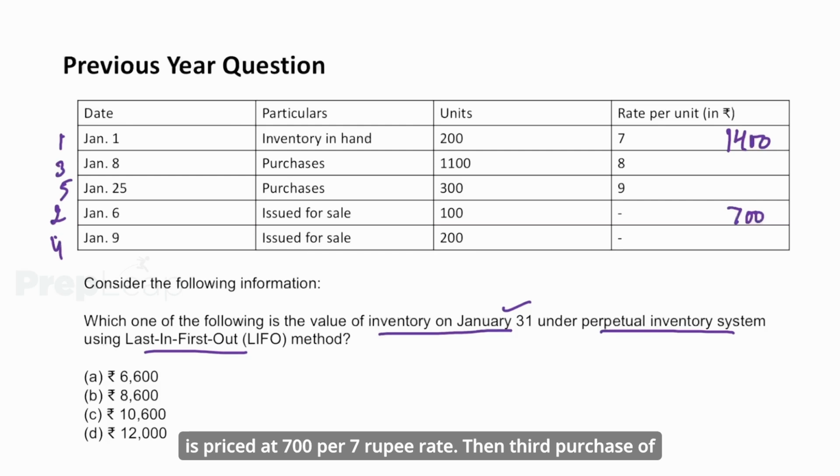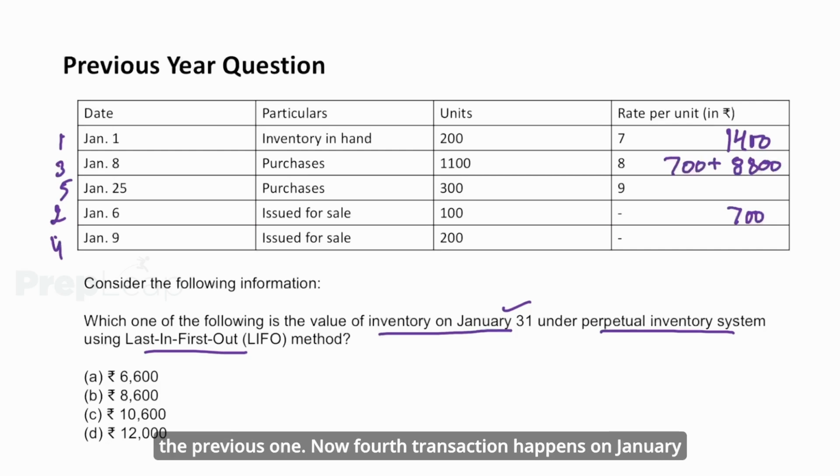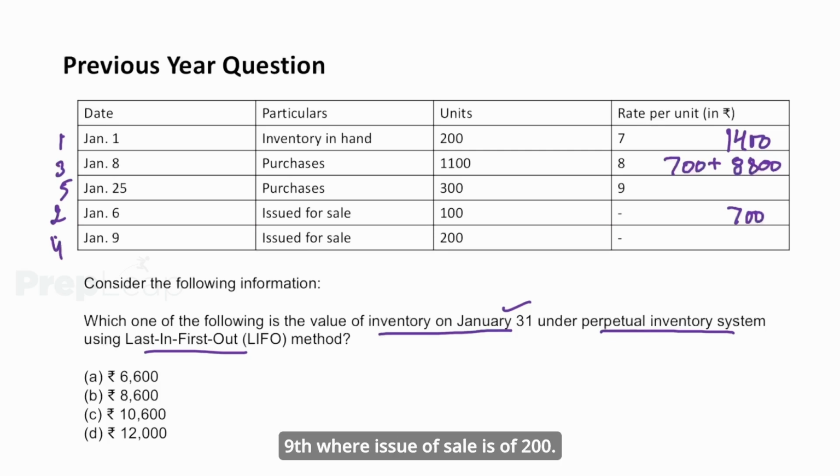Then the third transaction is a purchase of 1100 units at the rate of 8 rupees per unit. That comes out to be 8800, plus the 700 that we carried from before. Now the fourth transaction happens on January 9th, where there is a sale of 200.